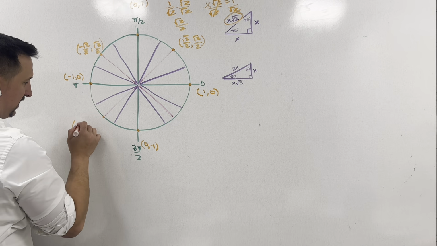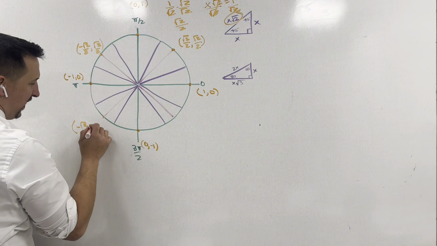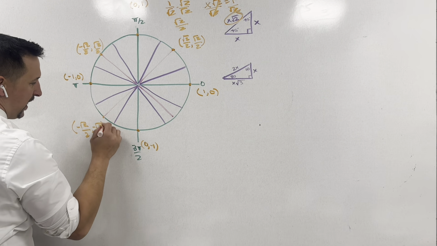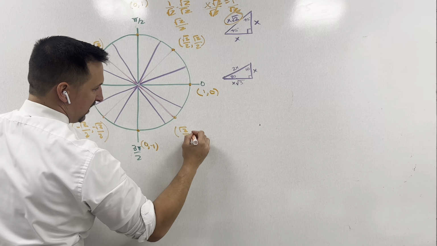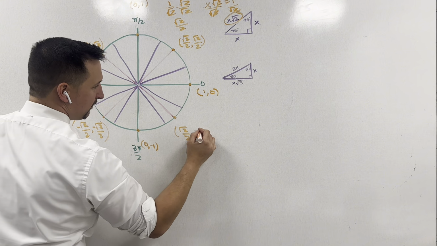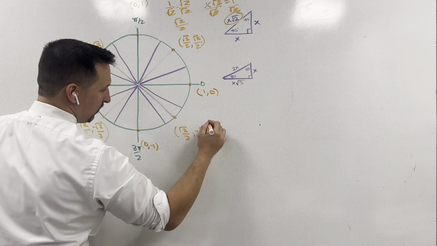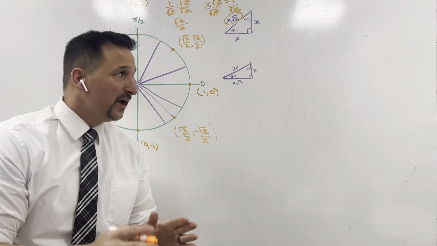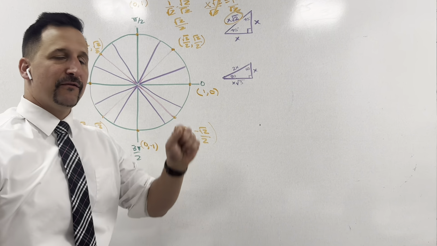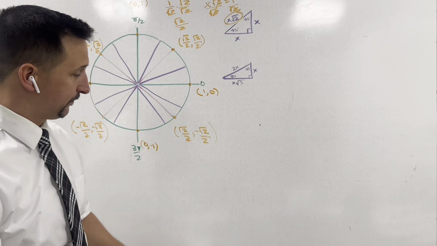Okay, this right here is going to be negative both ways because the x and y are both negative. This one's going to have a positive x value, but a negative y value. Okay, so that is how and why the x and y coordinates of every pi over 4 radian is square root of 2 over 2.